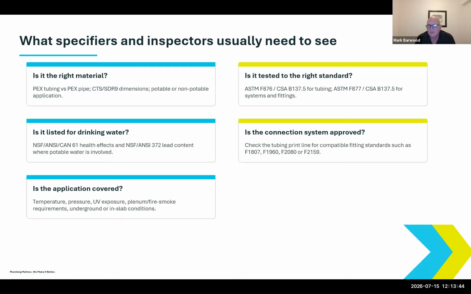So part of PEX is how the connections are made, and then you have to check the tubing fine print for compatible fitting standards such as F1807, F1960, F2080, or F2159. I'll go over those a little bit later again, but just know there's lots of different connections we can use with PEX tubing. So when you're specifying a pipe, you're also going to specify a connection method.